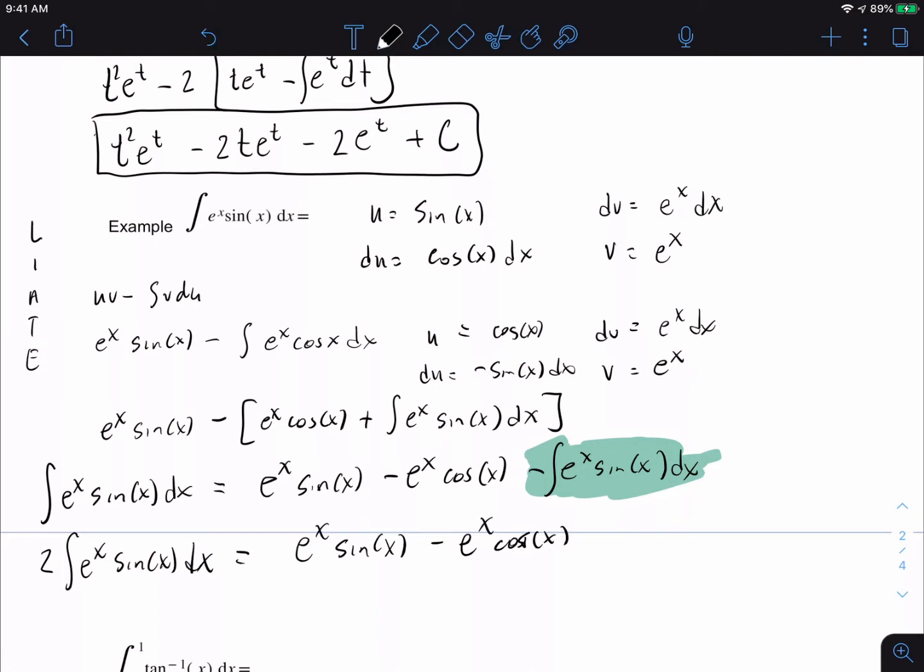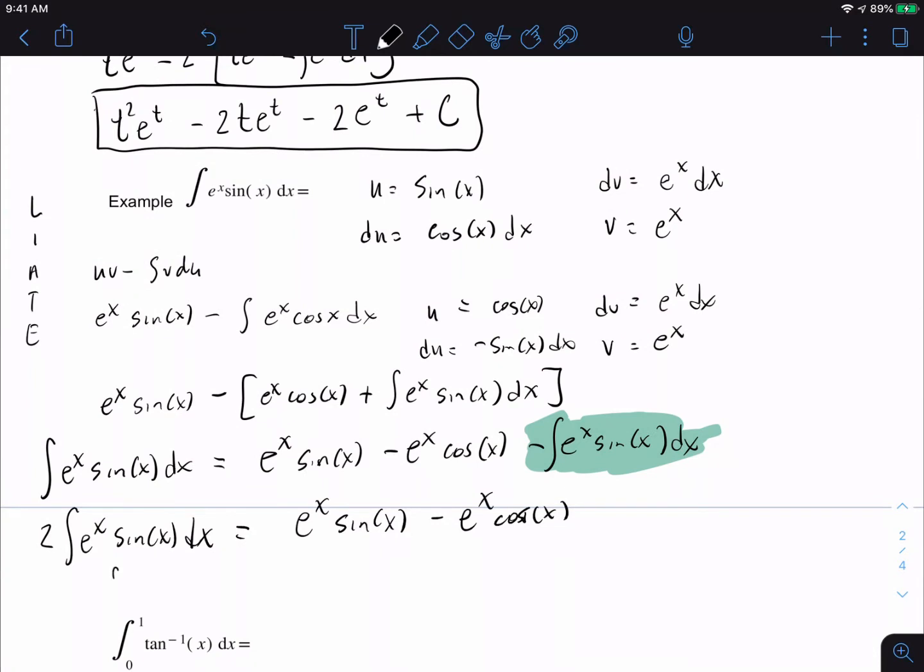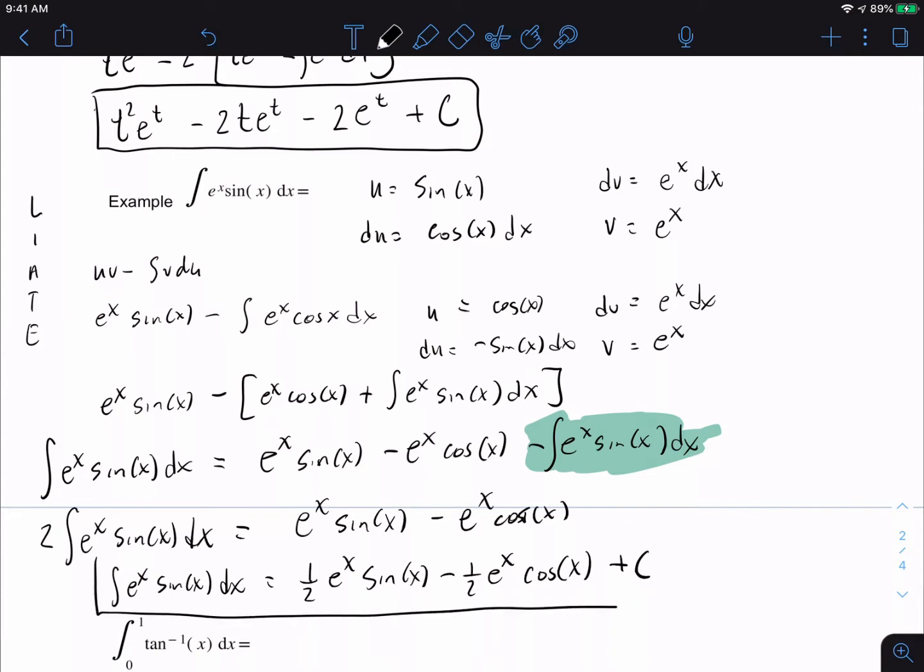And then I have to divide by 2. So the integral of e to the x sine of x dx is equal to 1/2 e to the x sine of x minus 1/2 e to the x cosine of x plus some constant c. And that is my solution.